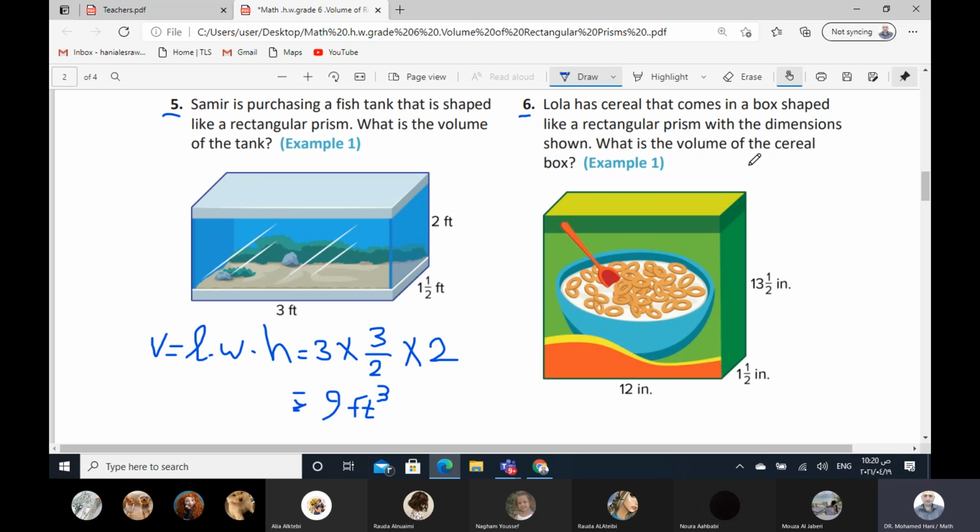So start from the formula: V equals length times width times height.